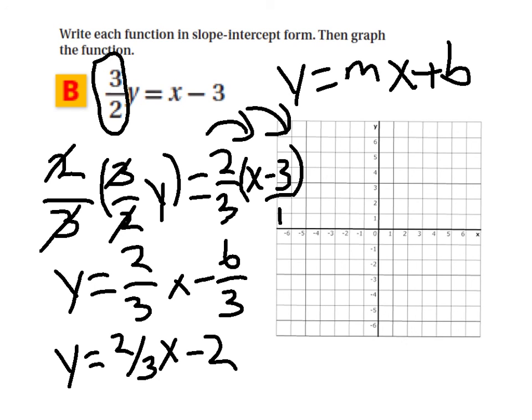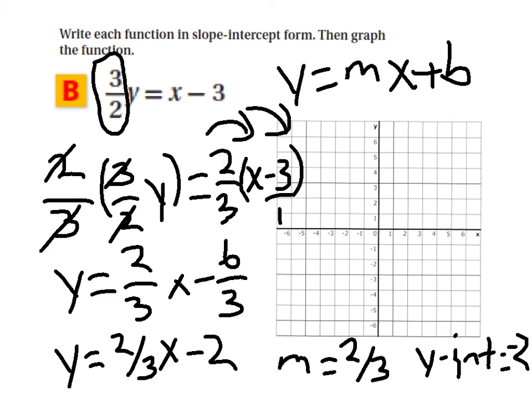So now we have our slope and our y-intercept. The slope is 2 over 3, and the y-intercept is negative 2. So remember from the last example, what do we plot first? The y-intercept. So we put a dot at y equals negative 2. And then use your slope to find the next point. 2 over 3, rise over run, means we go up 2 and over 3.